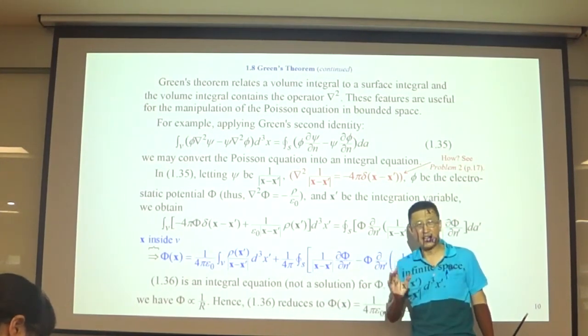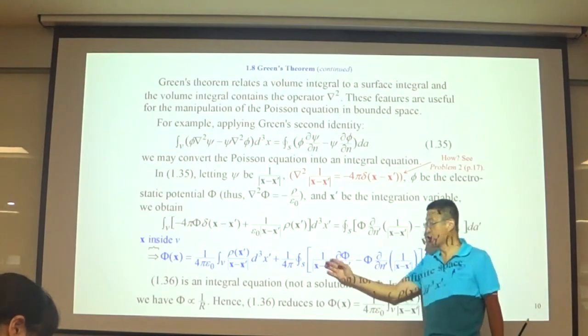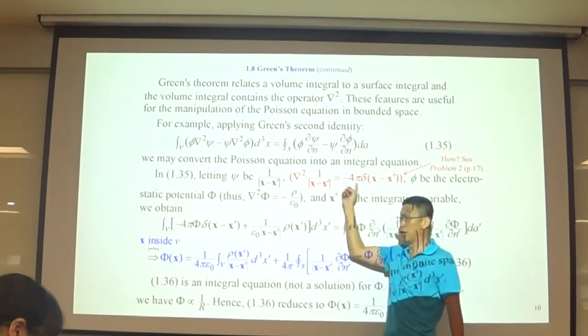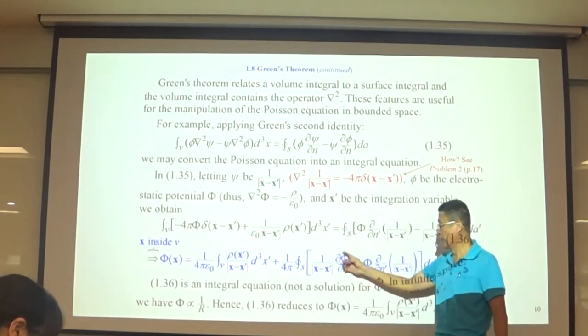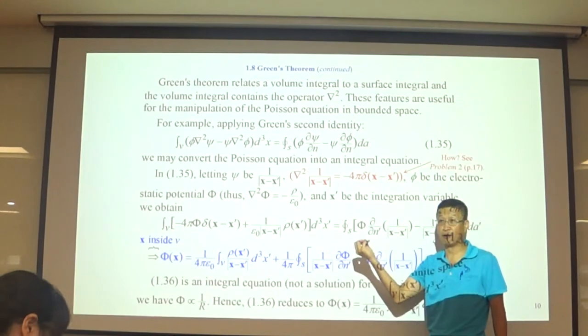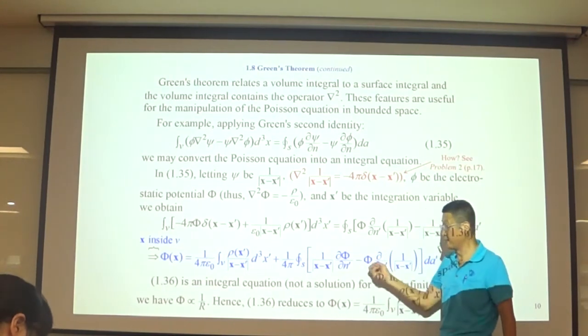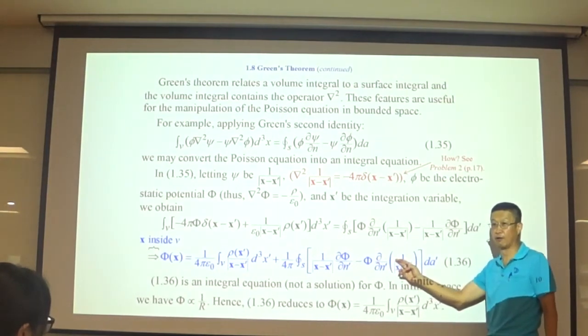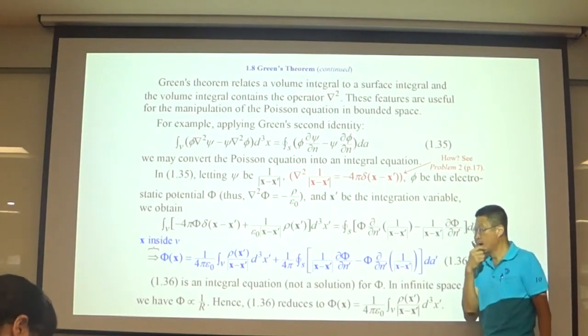Okay, so you might expect the so-called Green function has to be related to the delta function, and on the surface should be 0. And then we have 2 terms, 1, 2. Okay.